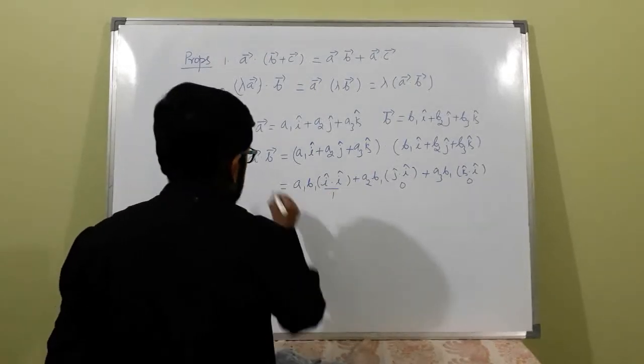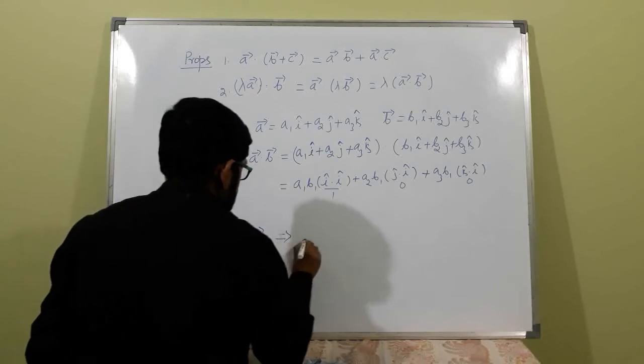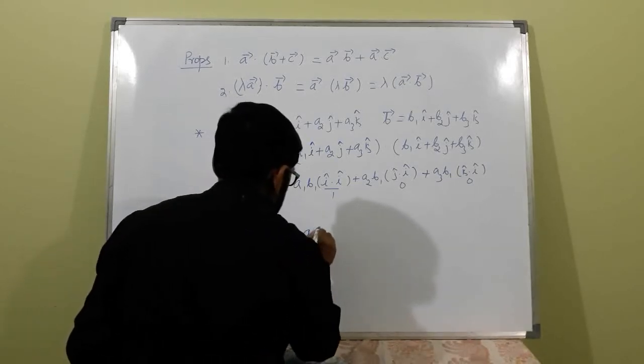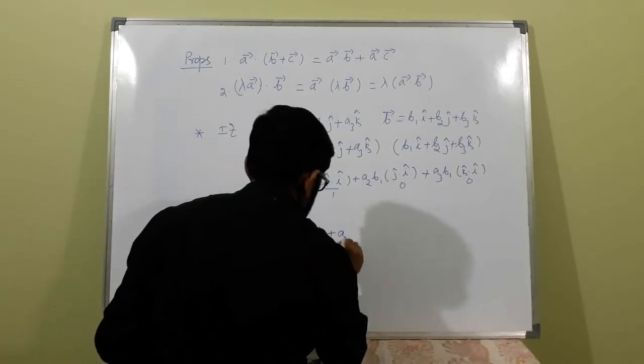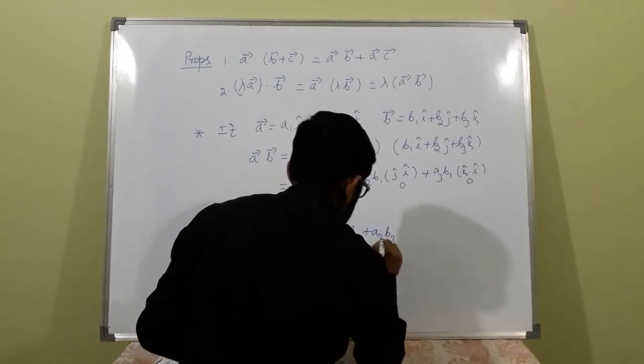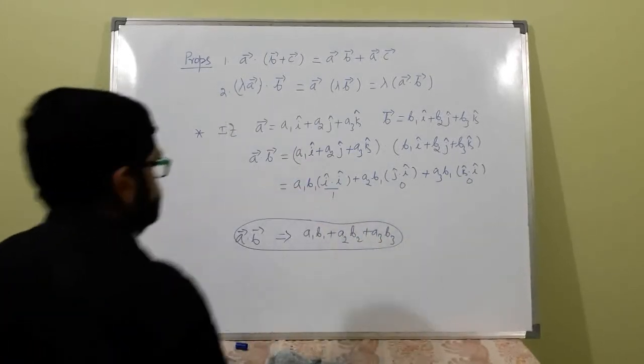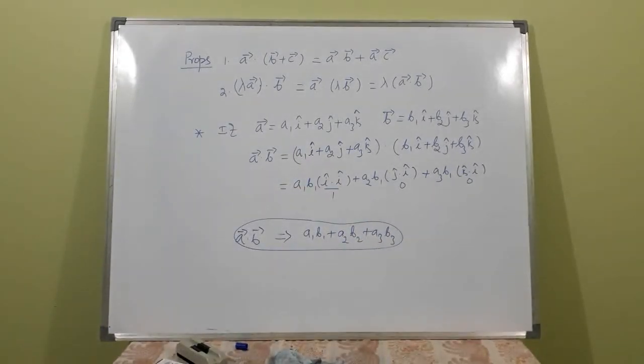So finally a dot b is given by a1 b1 plus a2 b2 plus a3 b3. So this is the result you have to remember. If a and b are given in component forms, then the scalar product of a and b is given by a1 b1 plus a2 b2 plus a3 b3.